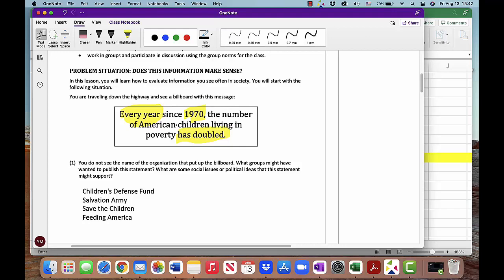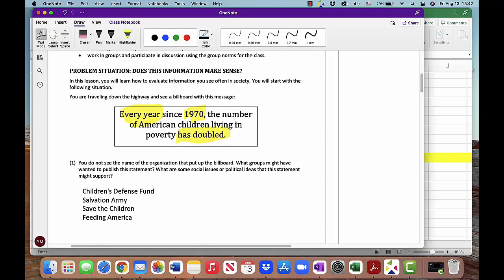All right, so what's the reworded statement? Well, instead of saying every year, if you get rid of the words every year and just say since 1970 the number of American children living in poverty has doubled one time. Doubled one time. That's it. You don't need to write one time.